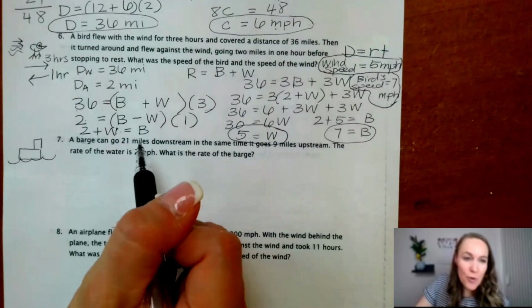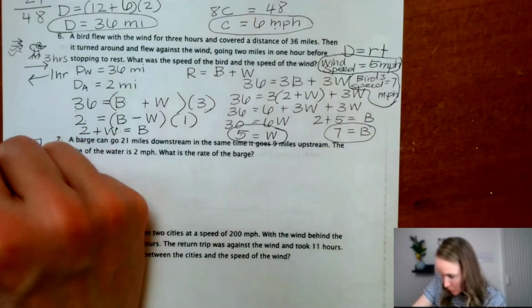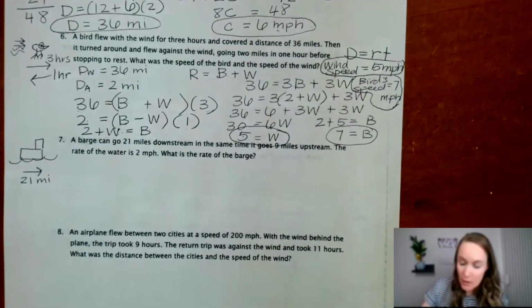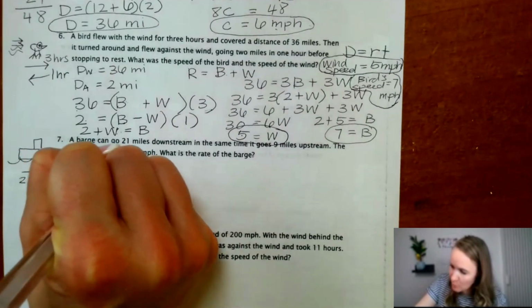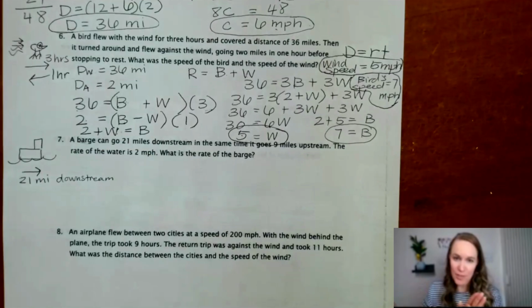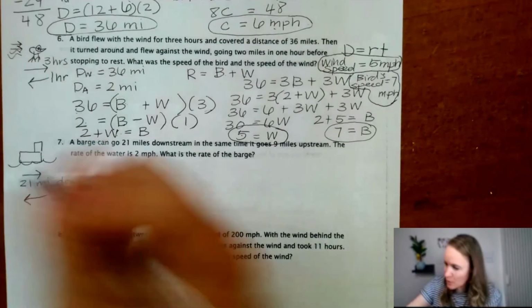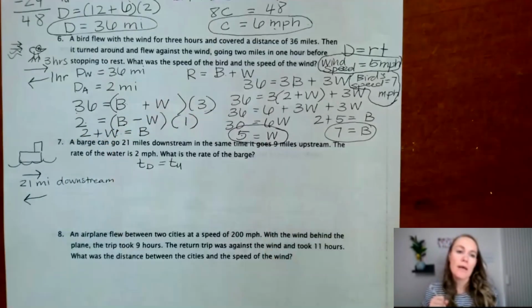A barge can go 21 miles downstream. 21 miles downstream. You can abbreviate it or write notes however you like. In the same time, so time down equals time up.